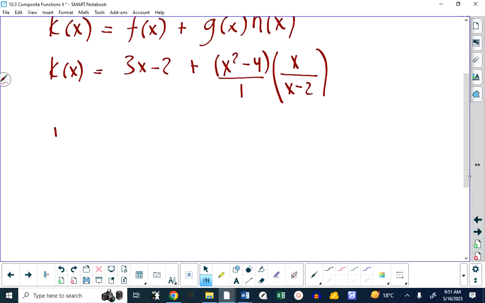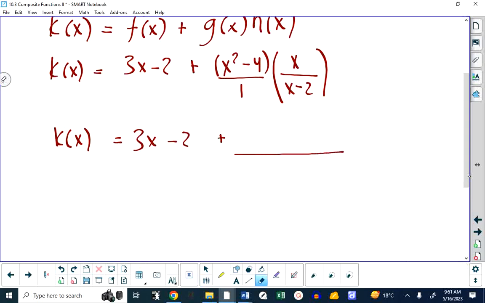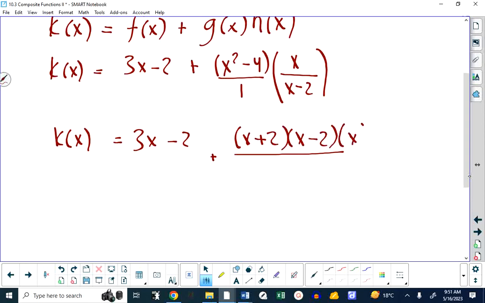So now what I have is k of x is equal to 3x minus 2 plus, I can put this whole thing as a single fraction. I have x plus 2, x minus 2, and then times x. I'm going under the assumption here you know that x squared minus 4 is a difference of squares. Divided by x minus 2.